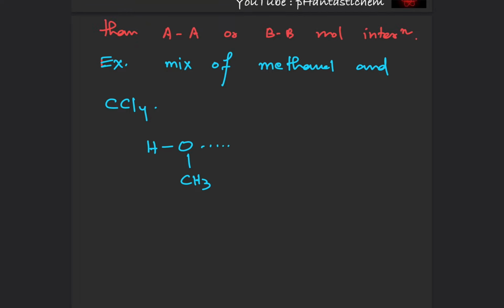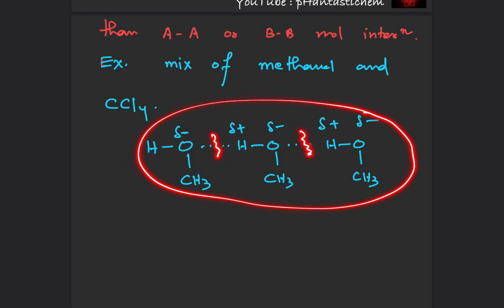So this is one molecule, this is another molecule. So you can see here partial negative charge, partial positive charge. So these are the hydrogen bonds. We know, right, whenever hydrogen is bonded to a highly electronegative atom like oxygen, nitrogen or fluorine, then they show hydrogen bonding, right? So these are strong hydrogen bonds, which are already existing between methanol molecules.